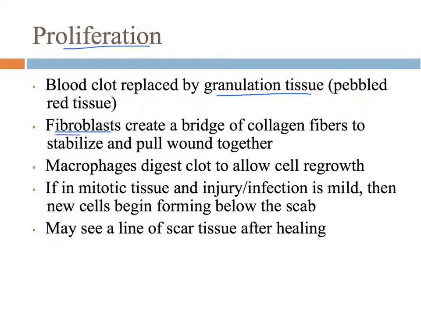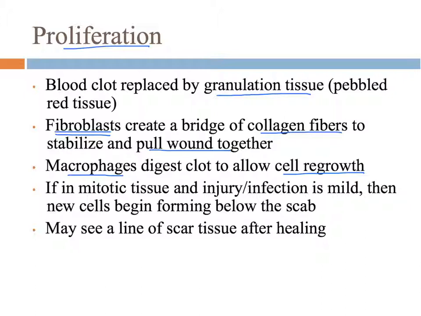Fibroblasts, the connective tissue cells, create a bridge of collagen fibers to help stabilize the wound, and they eventually contract and pull the wound together. The macrophages go in again, this time to digest the clot to allow for cell regrowth in the space underneath. If the wound is in mitotic tissue or the injury or infection is mild, then new cells begin forming below the scab fairly easily.